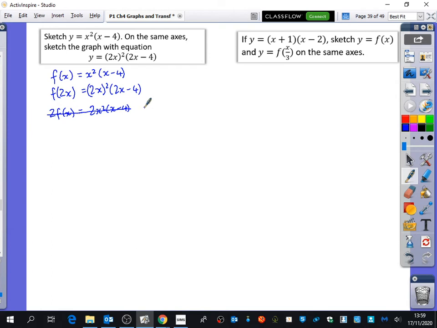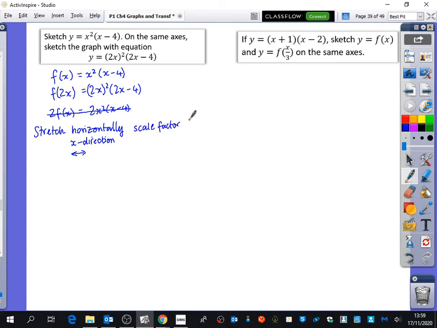And if it's inside the bracket, we now know that it is a stretch left and right horizontally, in the x direction. Or I might just say left and right.